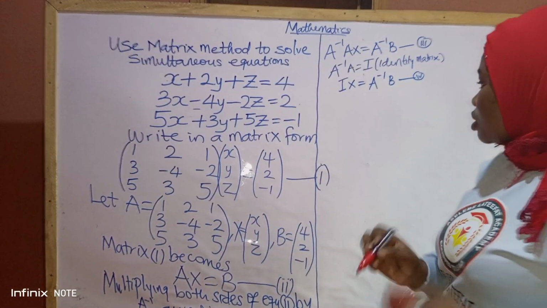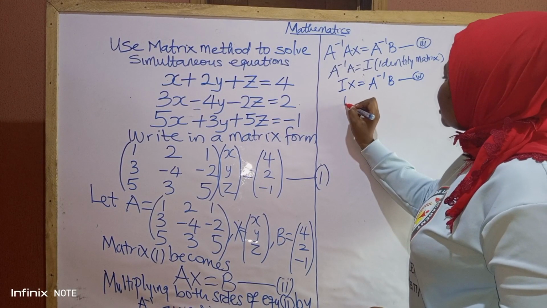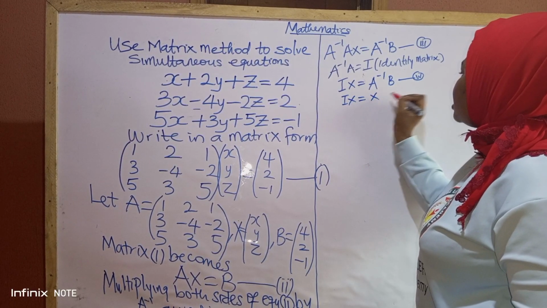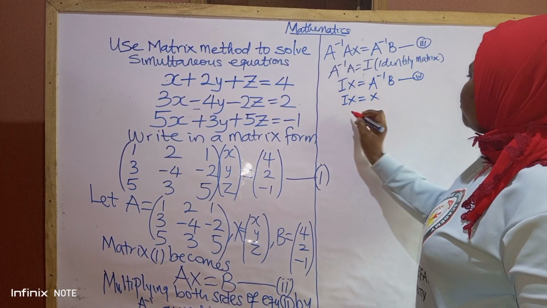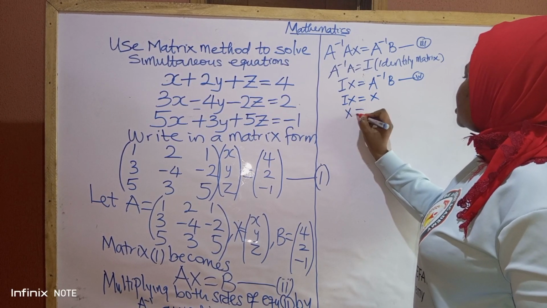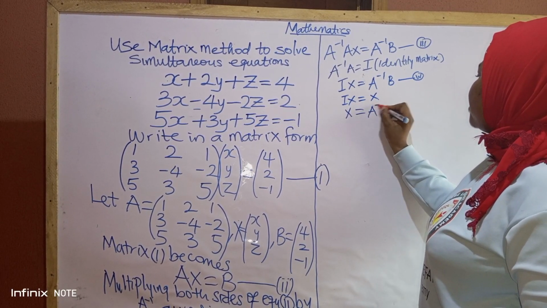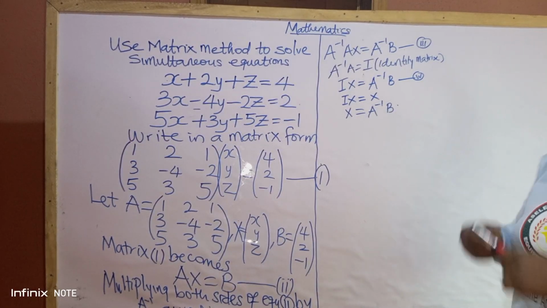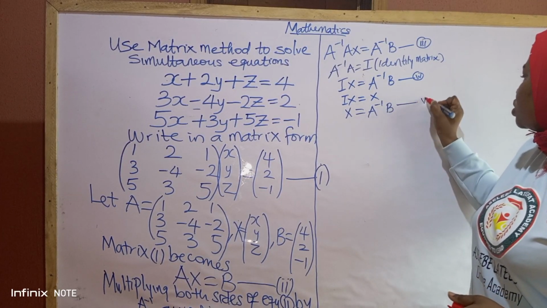You need to still recall that if you multiply an identity matrix by any matrix, you are going to get that matrix back. So this equation 4 becomes X is equal to A inverse B. Can you see now? Let's call it equation 5.